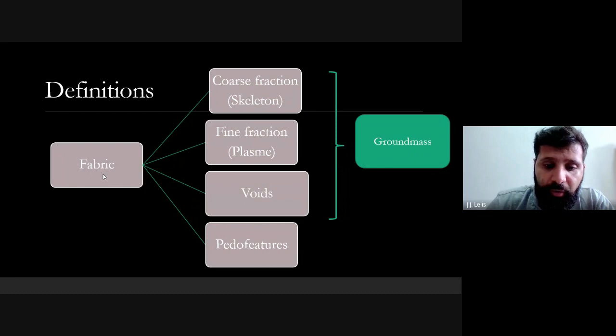And we also have the pedofeatures, and the pedofeatures are those bodies that are produced by some specific soil process, and they possess a different fabric from those materials. So they possess a specific spatial organization of their materials in comparison with the coarse fraction, fine fraction, and voids.